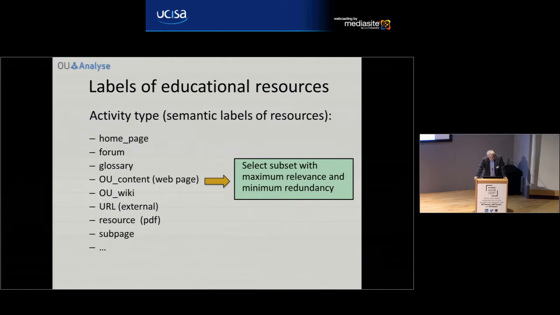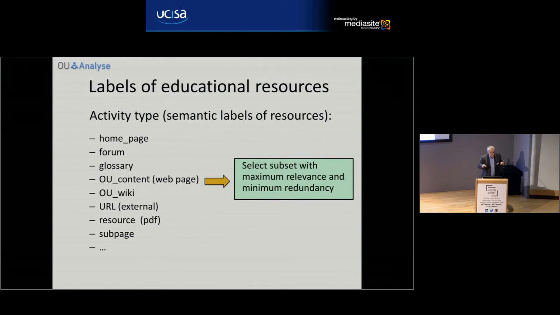OU content is a web page with the study material, which is somehow structured. The rest is self-explanatory. Perhaps a resource is typically a PDF, which the student can download or read from the screen, subpage, etc. The dictionary of these activity types counts something like 30 items, but say 12 to 15 are more frequently used.